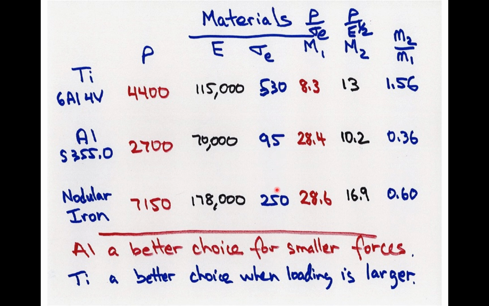So is the yield stress, right? And so the changes in the density and the yield stress sort of cancel each other out, and you have a very similar value. But nodular iron has quite a bit higher Young's modulus, and we are taking the square root, so it's not as big of an impact, but it's still an impact. And its M2 over M1 is 0.6.